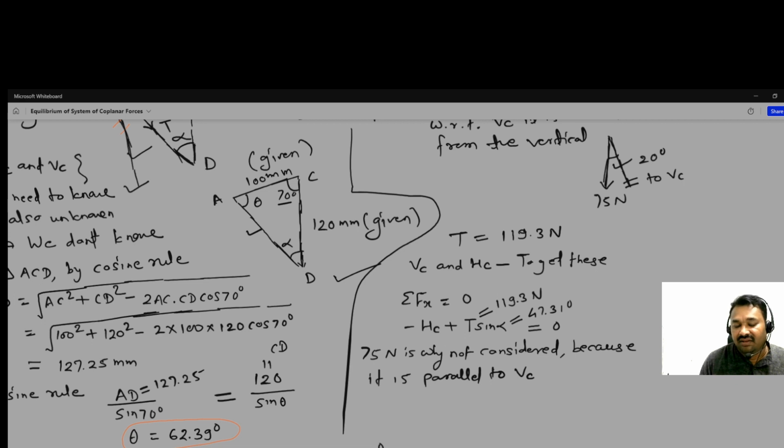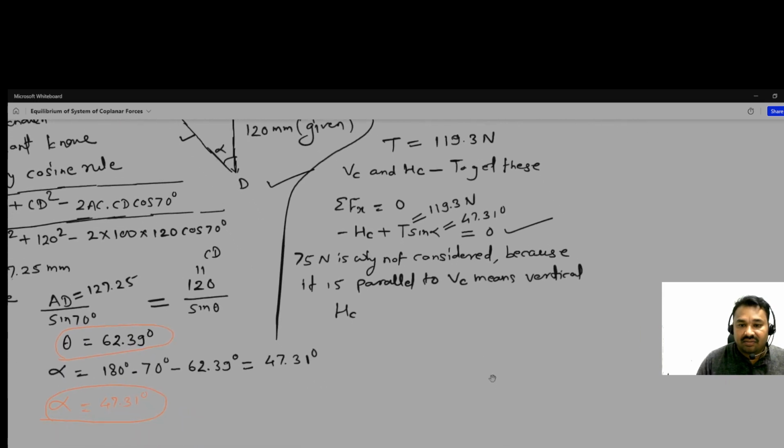Here it is vertical, that's why. And from this we get HC from the equilibrium condition, and from this equation we get HC equal to 88.11 Newton.